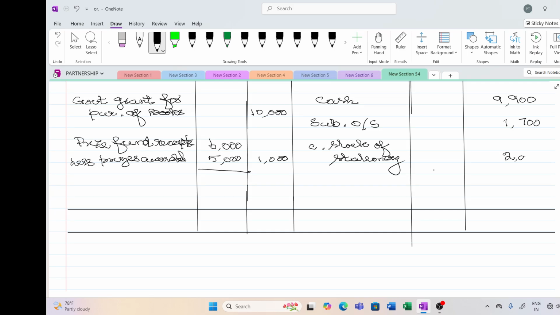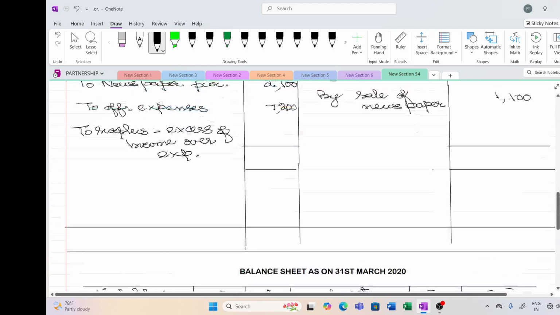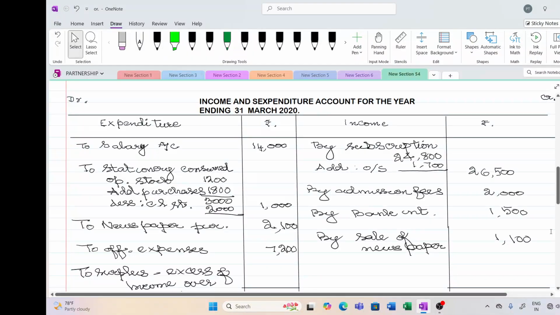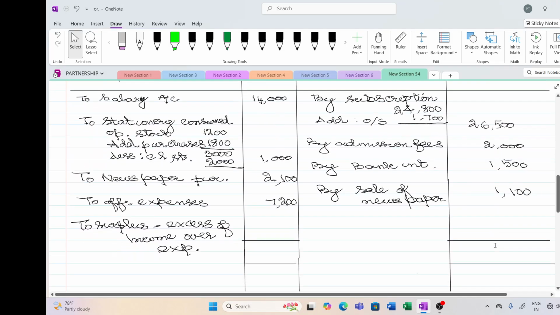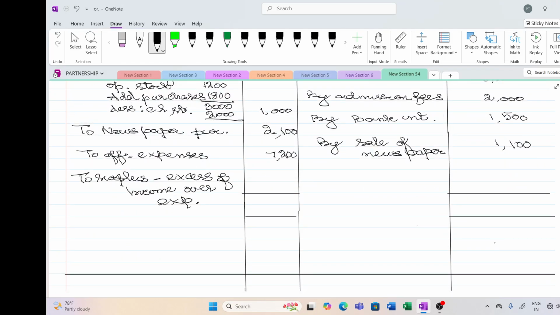Now we have entered everything. Now we can close the income and expenditure account. 26 plus 2, 28 plus 1, 29, 30, 31,100. So you can have the total 31,100. So I am going to copy this total on this side. Let us see how much is our surplus or deficit.